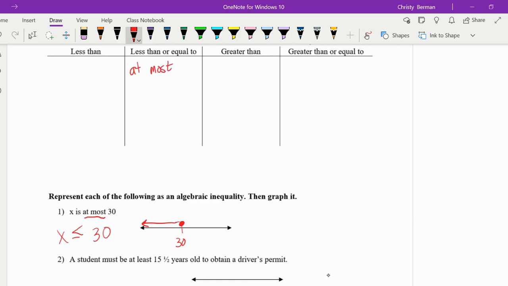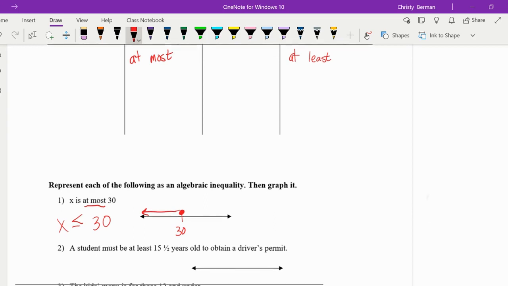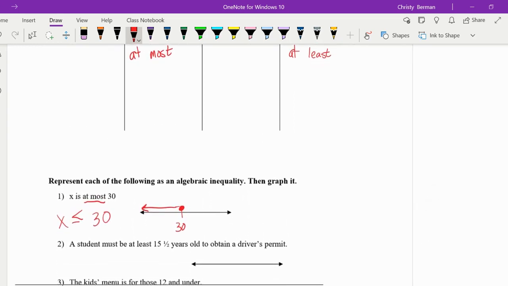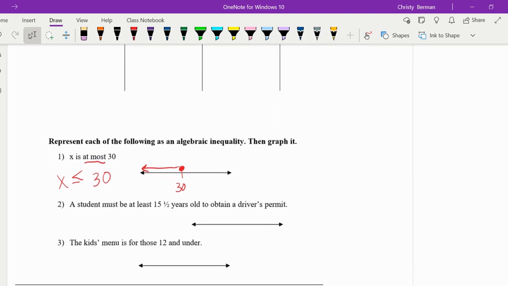I'm going to put at most. If at most is less than or equal to, then at least should be greater than or equal to. Okay, so as you work through these, you need to come back up here to your columns and add some of those words into your list.